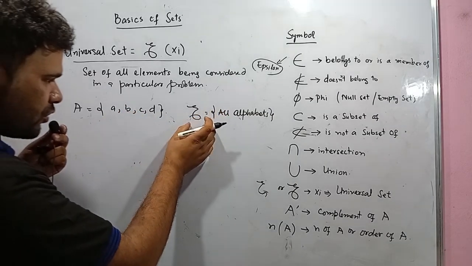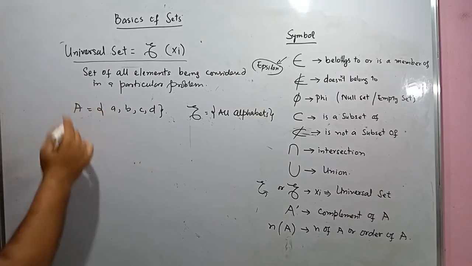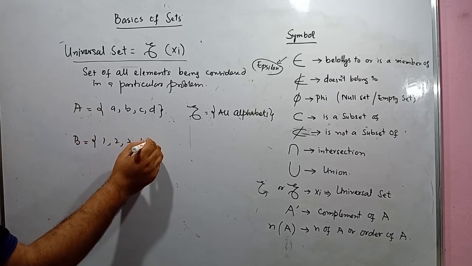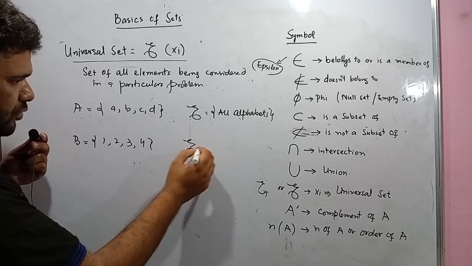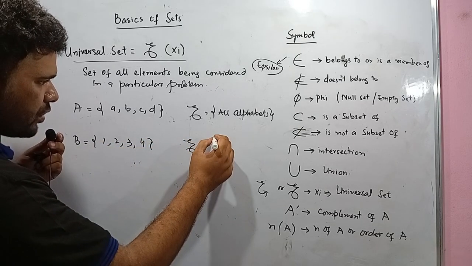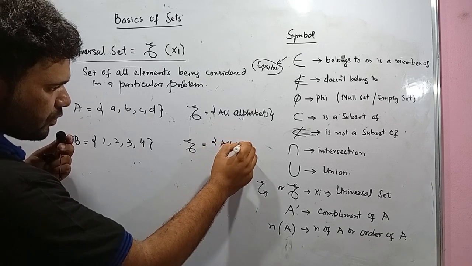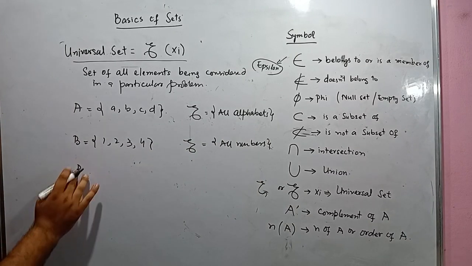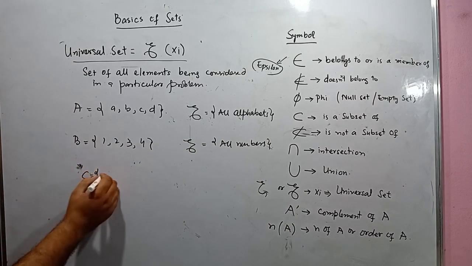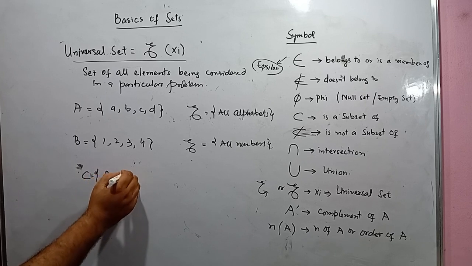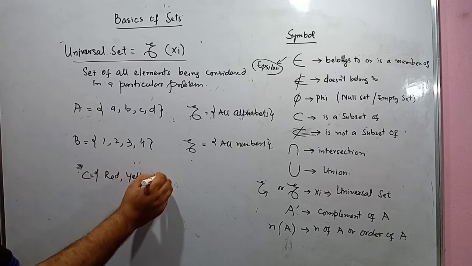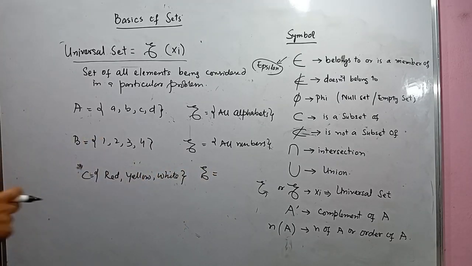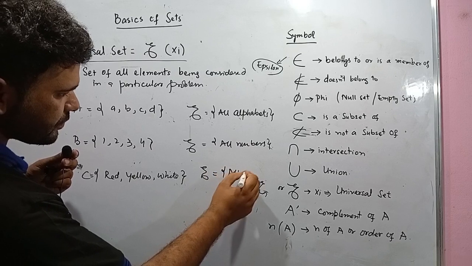For example, if set B is equal to 1, 2, 3, 4, we are talking about the numbers, so here the universal set will be all numbers. For example, sometimes set C is equal to red, yellow, white. So here we are talking about the colors, all colors.